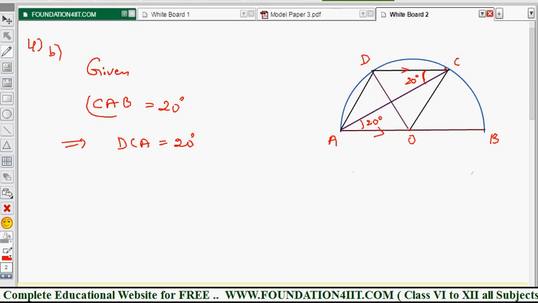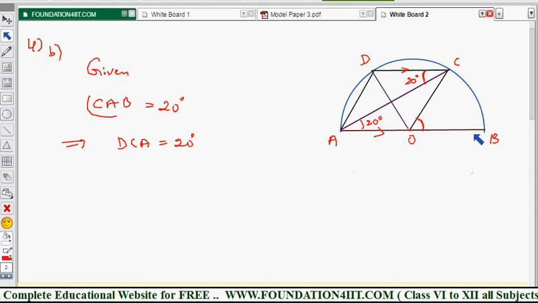If you observe COB, this angle should be double. For example, if you take this sector, CB is the arc, and the angle subtended at the center is double the angle at the remaining part of the circle. Okay, you understood clearly, right?